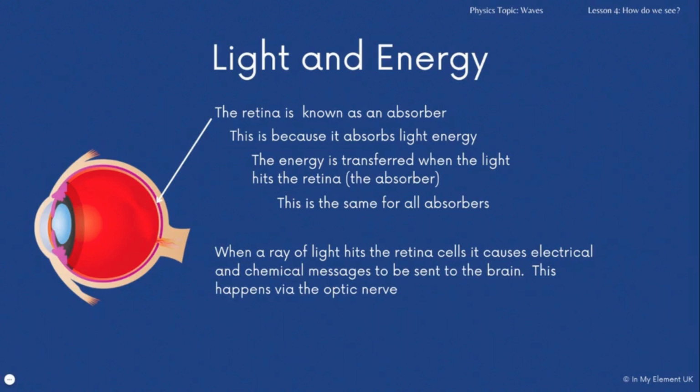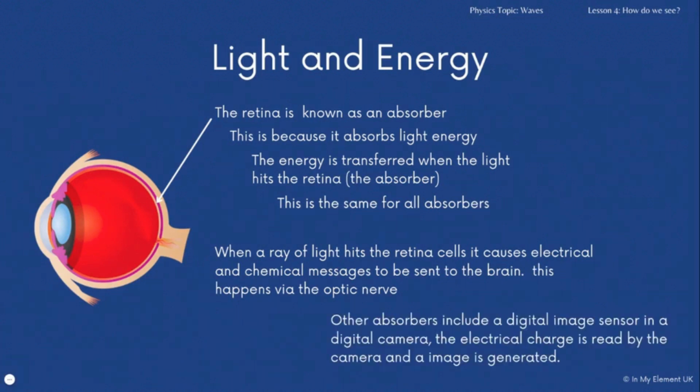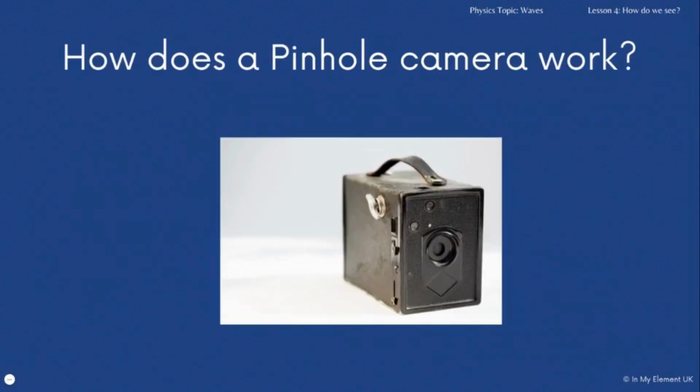So you've got the retina there, that's the absorber. So it is transferring the light energy, and once it's got it, electrical and chemical messages are then transferred. That is going to enable you to form an image. Now, there are other absorbers that you need to be aware of. You've got absorbers in a digital camera.